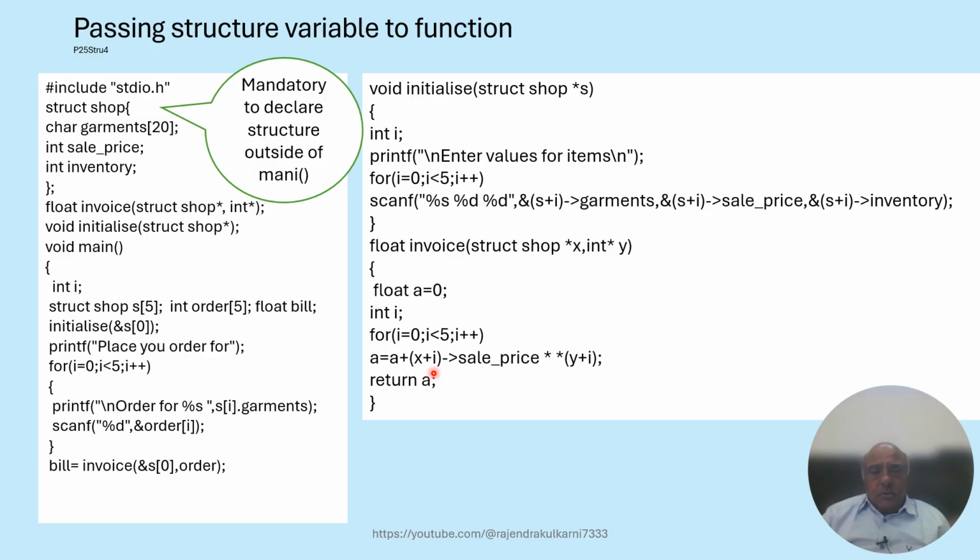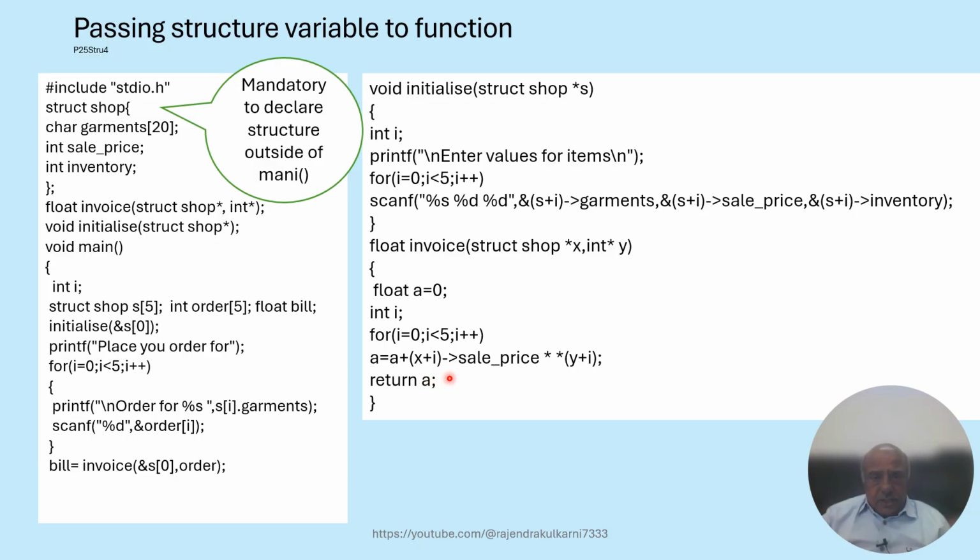So what it goes on calculating, as the for loop advances, it will go on incrementing till i is incremented and remains less than 5. So float a will, on termination of the for loop, contain the total value of the ordered quantity by the user.